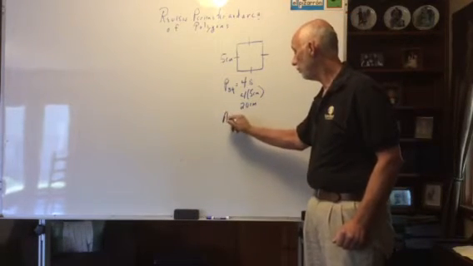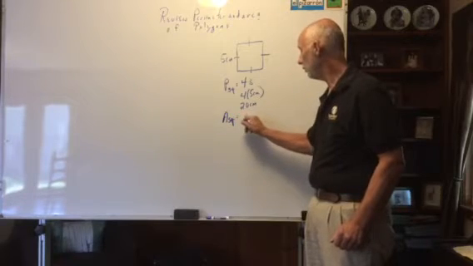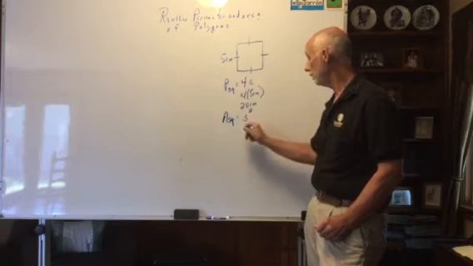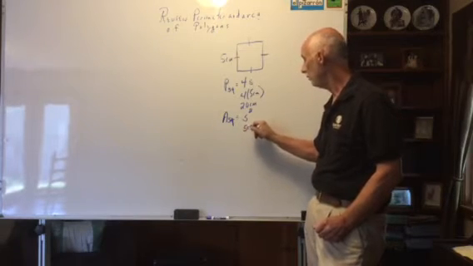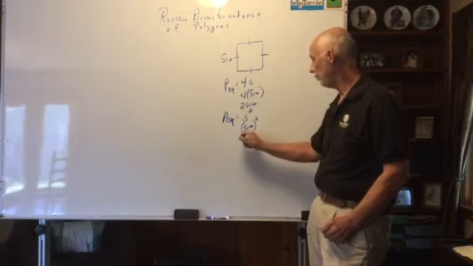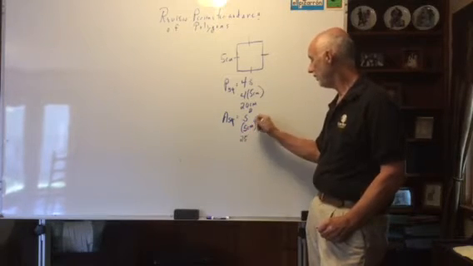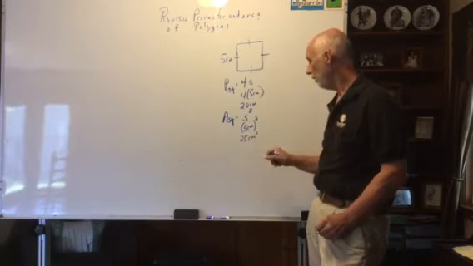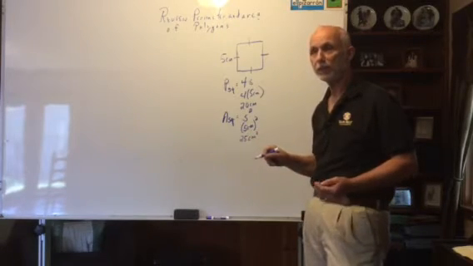Now, area of a square is equal to the side to the second power. Once again, replace the length of the side with 5 centimeters and square it. That means 5 times 5 is 25, and centimeters times centimeters is centimeters squared. Or if you prefer, square centimeters.